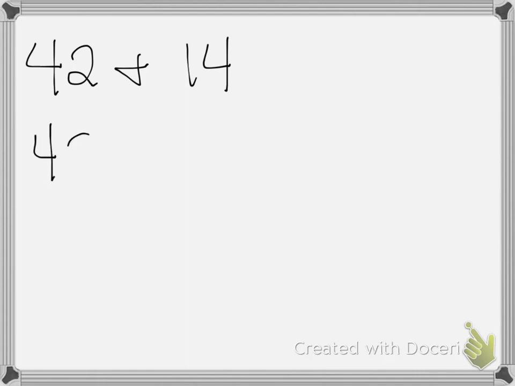The next pair is 42 and 14. So if I list my multiples of 42, I have 42 and then 84. I can't add another 42 to that because then I will be over 100.